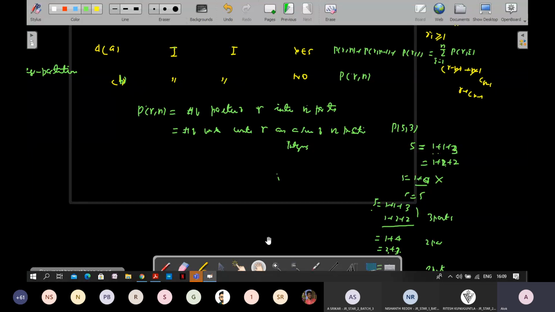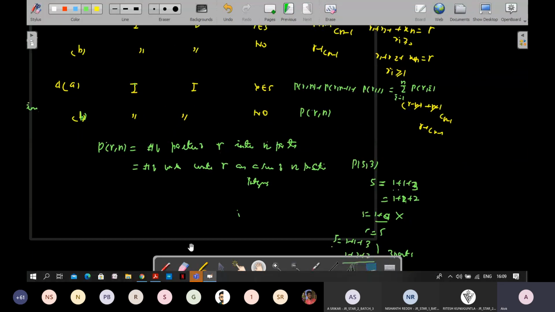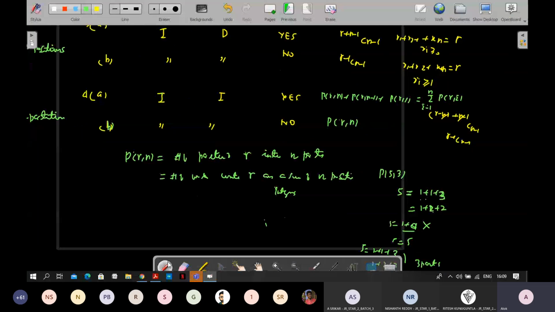So I'll write somewhere so that you remember. I'll write for this 5-3 case. For the 5-3 case, if empty is not allowed, the answer is just 2. Means the number of ways to put 5 identical balls into 3 identical boxes, no box empty, empty box not allowed, is just 2.